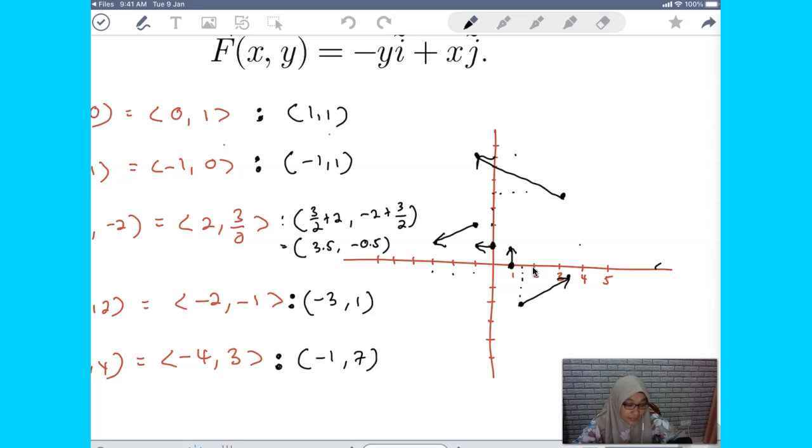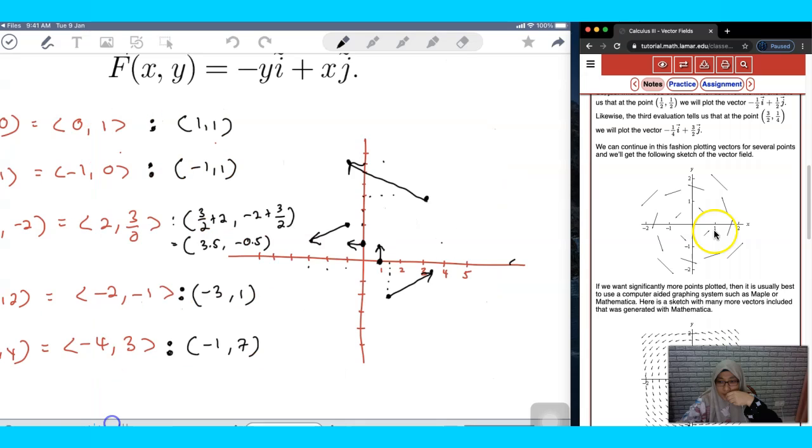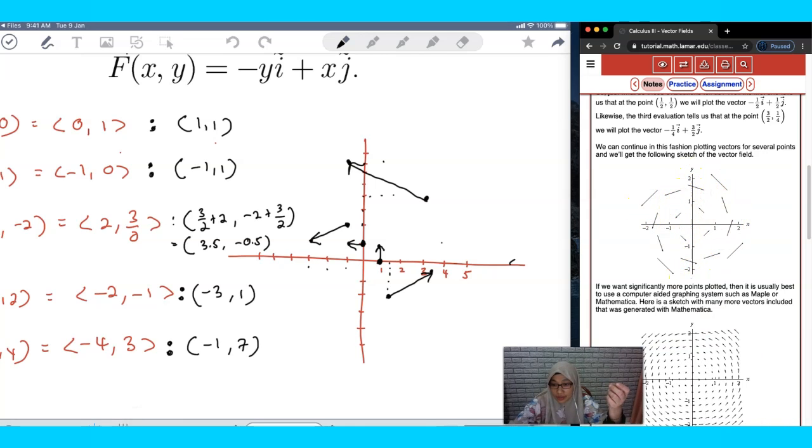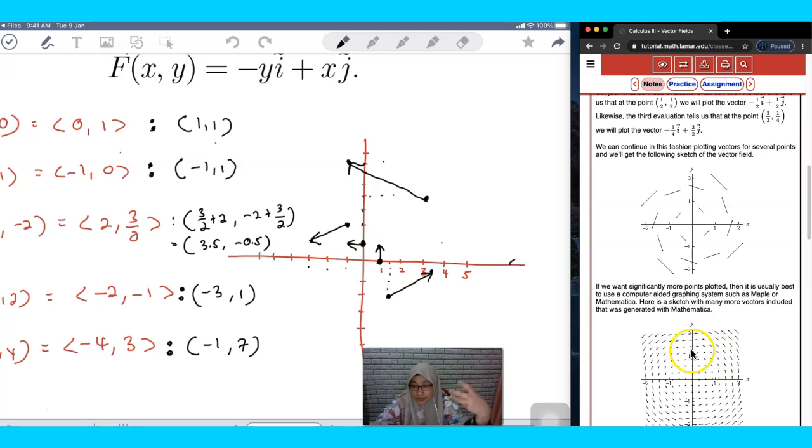Okay, so if you continue to plot for several input points, which will give you the output vectors, you can have this combination, or if you use the software, you can see that the vector field is in this way. So it's just circling around and around and around.